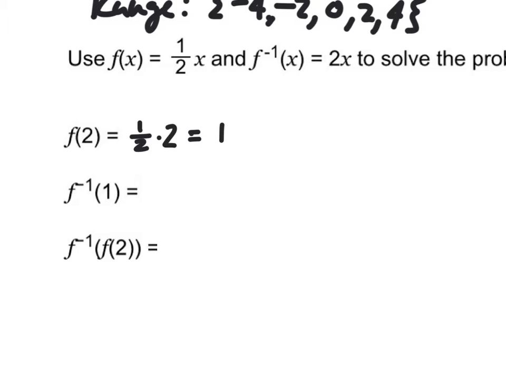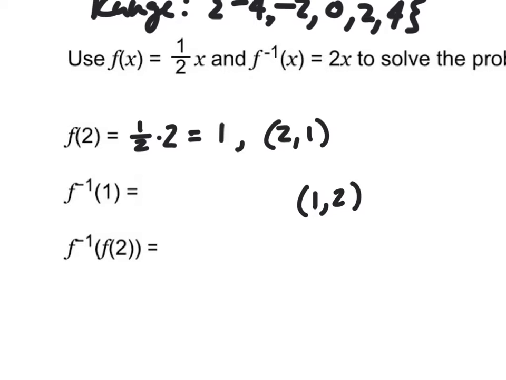Now, what I know then is that I have the point on the graph (2, 1). Now on my inverse, it's having me plug in 1, which is your x value. Remember, you switch your x and y values, so we're going to get 2 out of this. That same point on my inverse is the point (1, 2).